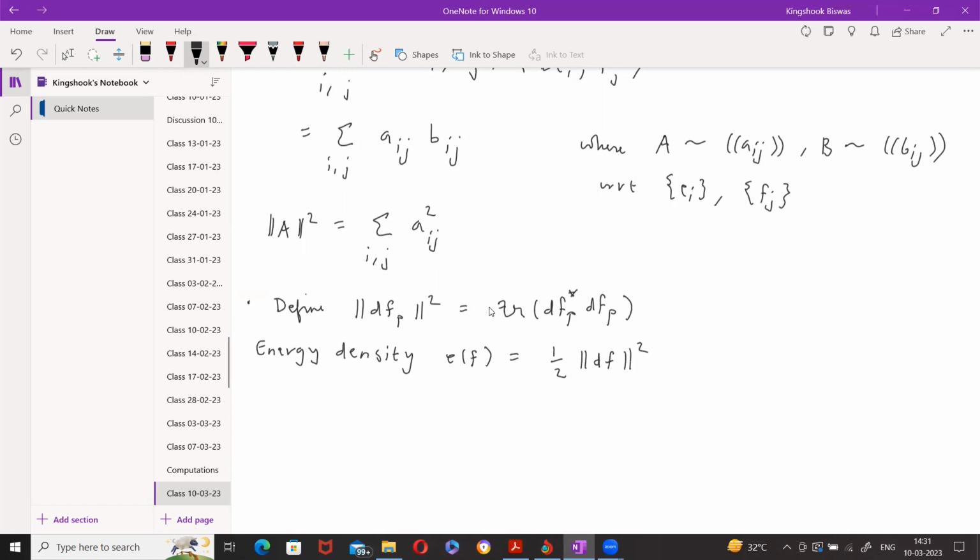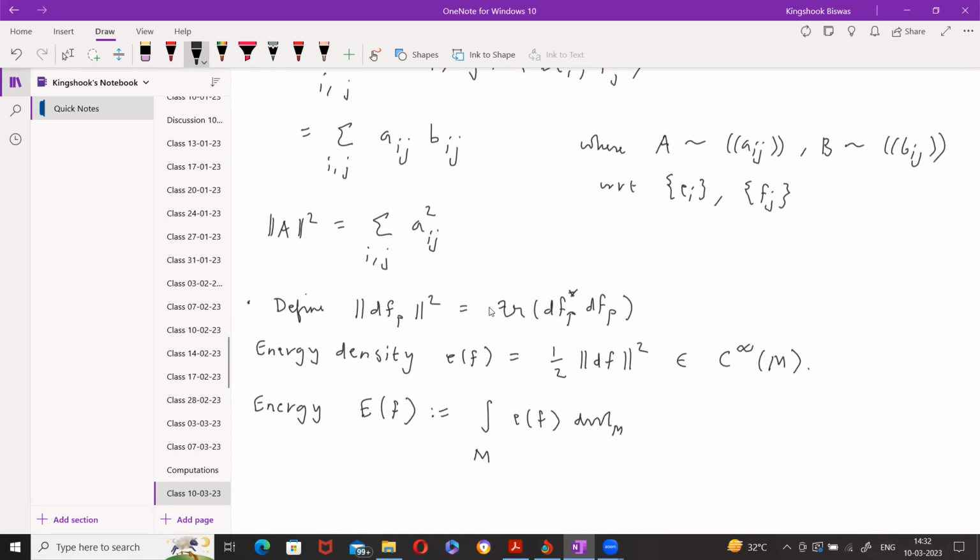So this is a smooth function on M. And now we define the energy of f. E(f) is defined to be the integral of the energy density with respect to volume measure.